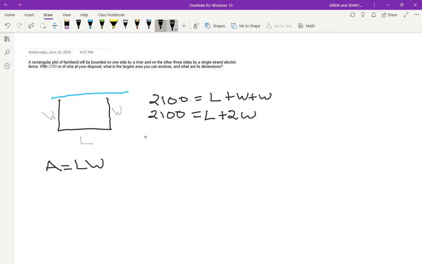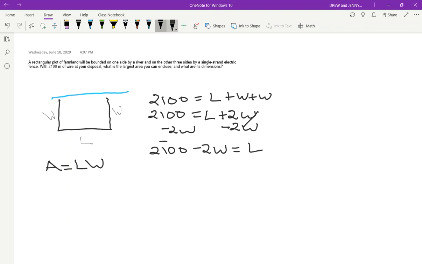To come up with a maximum, though, we can't be working with two variables on the right-hand side. So we use this equation that we wrote here to come up with a substitution so that area equals only one variable. From this equation, subtract 2W on both sides, canceling on the right, and so we have 2,100 minus 2W equals length.